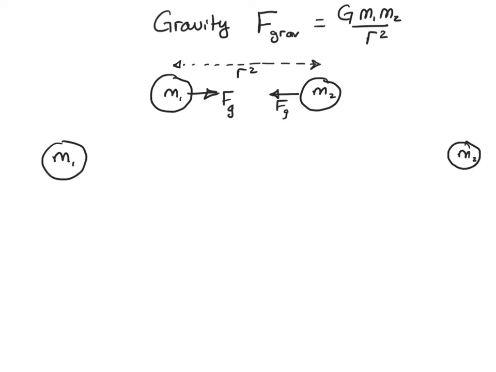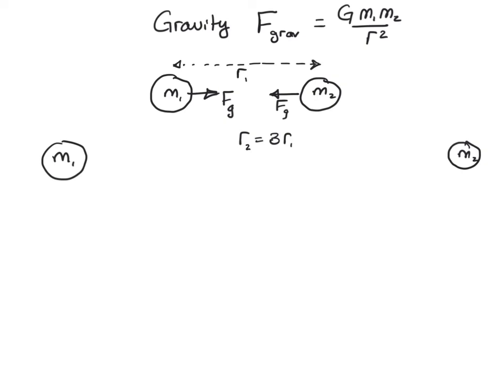Here's mass number 2. And now my distance, R, is going to be equal to 3 times the first distance. Get rid of that square, I don't need that. And just call this R1. So now my R2 is 3 times R1.